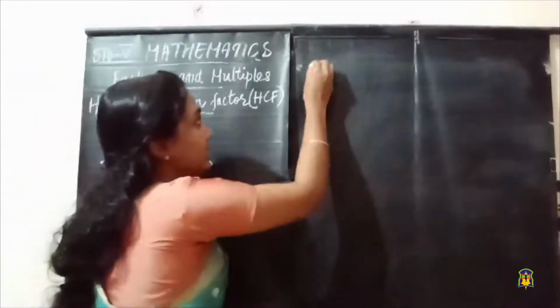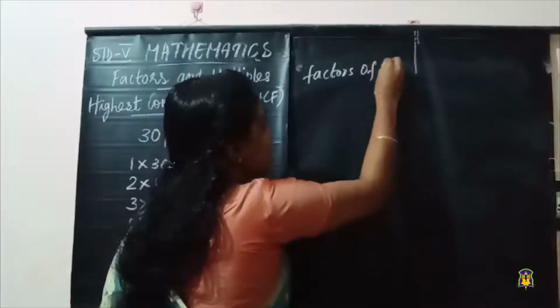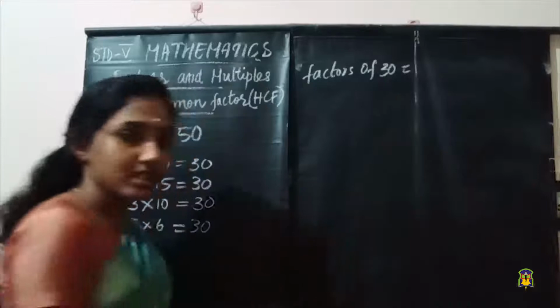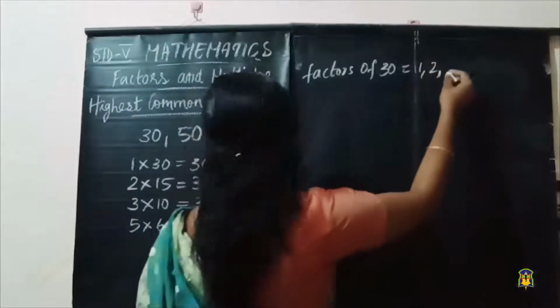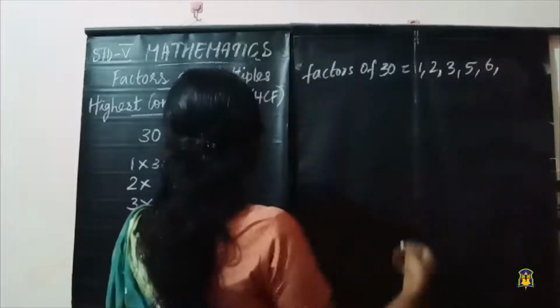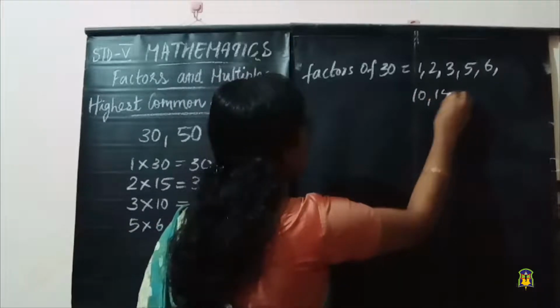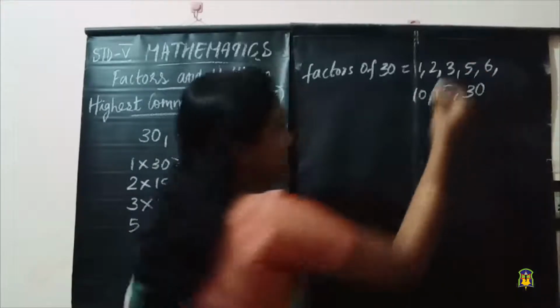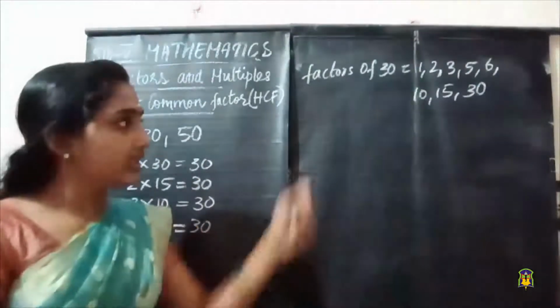So we can write the factors of 30: 1, 2, 3, 5, 6, then 10, 15, 30. So these are the factors of 30.